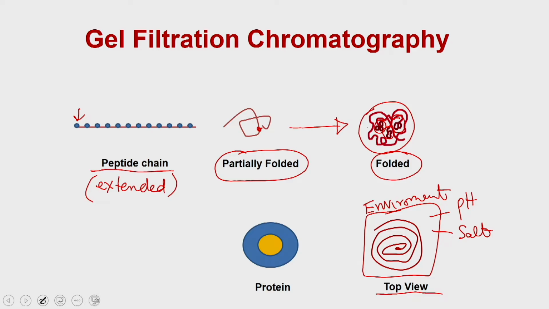That is why you can characterize a protein simply by knowing the radius of gyration or the diameter of that particular ball.